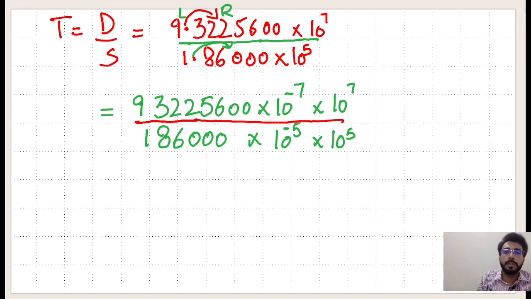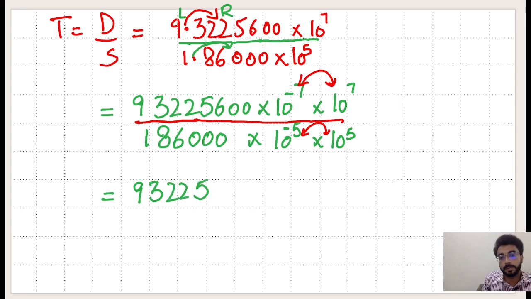Now students, solve this question as, first you look at -7, +7, -5, +5. It will become 93225600 into 10 raised to power -7 plus 7. You can move this toward the upside.